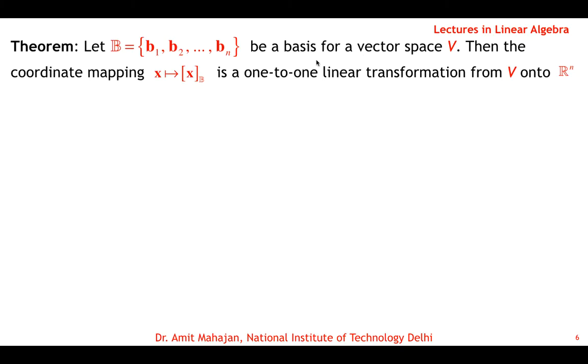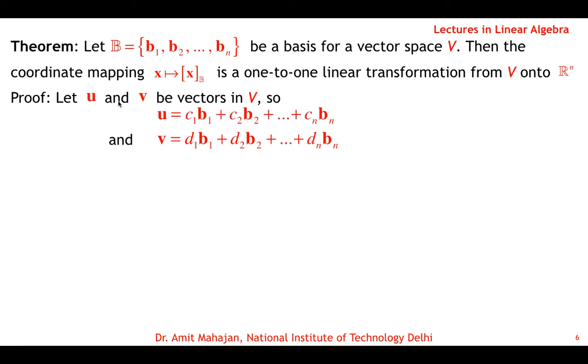So first we'll prove that it is a linear transformation, okay. So let us take two vectors here in the vector space V, and because this is a basis, we can write those vectors as a linear combination of the basis. So let u and v be vectors in this space.